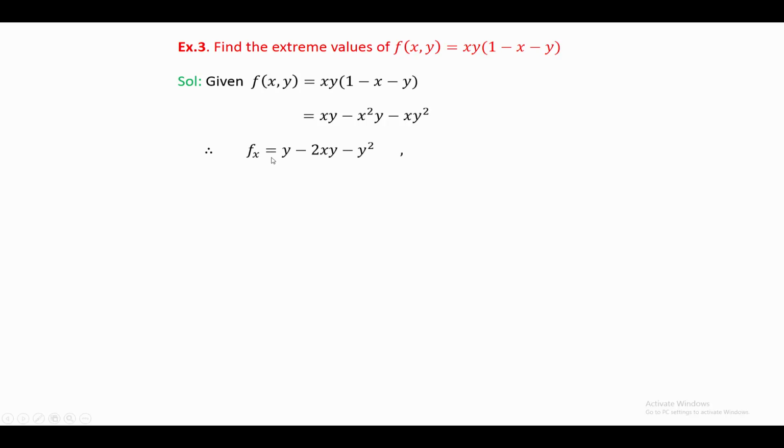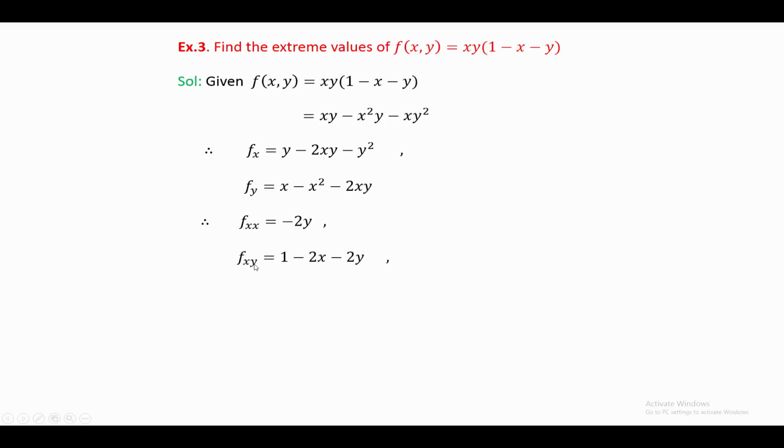So fx, equal to partial derivative of f with respect to x, is y minus of derivative of x square is 2x into y, minus of y square. Now partial derivative of f with respect to y, means fy, is x minus x square minus 2xy. Then f double x, partial derivative of fx with respect to x: derivative of y 0, minus 2y, minus 0, is minus 2y only.